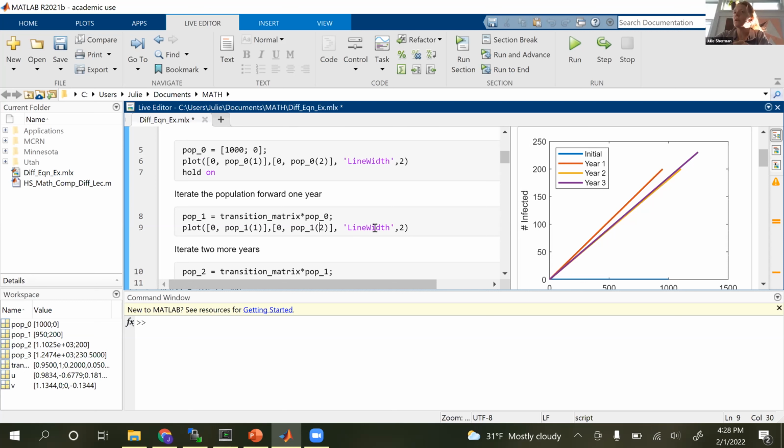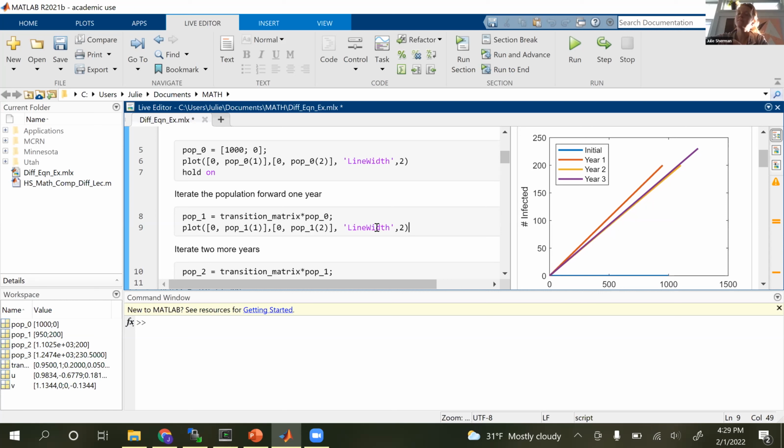How we move forward one time point is by multiplying by this transition matrix, right? And we get our population at year 1. So we can then plot that vector on the same plot using these plotting functions that we learned last week. And we see that at year 1, we move up to this red line. So we now have about 200 infected, which makes sense. That's 20% of the population, and a little bit less than that of the healthy.